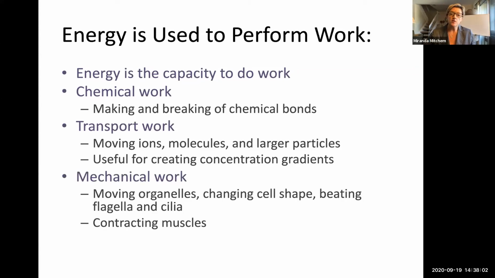Okay, we've also got mechanical work, such as moving various organelles or the movement of cilia or flagella. Those are propelled by ATP. They don't just move randomly. They need energy to do that. Another example that is very relevant here in physiology is the contractions of our muscles.